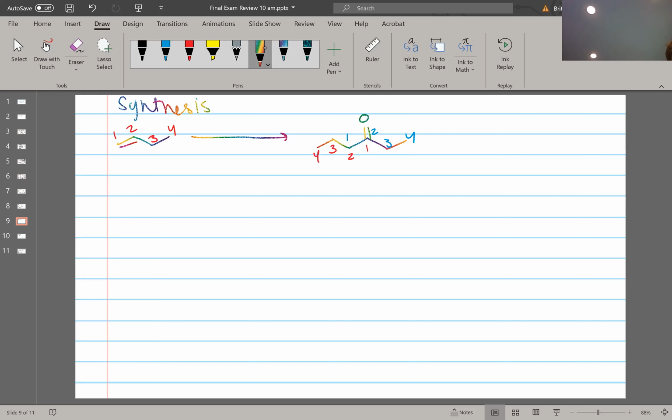What type of reagent do we often use when we want to add more carbons? A Grignard? Yeah, a Grignard. So if we used a Grignard with something, we wouldn't immediately get a ketone, right? What would we get instead?